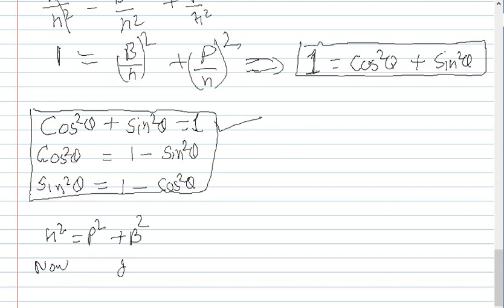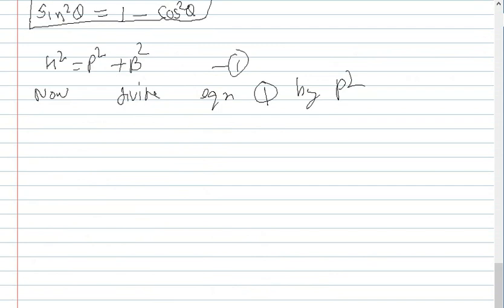This time, divide equation 1 by p square. So h square upon p square is equal to p square upon p square plus b square upon p square. Now this would cancel, so we get h upon p, hypotenuse upon perpendicular.